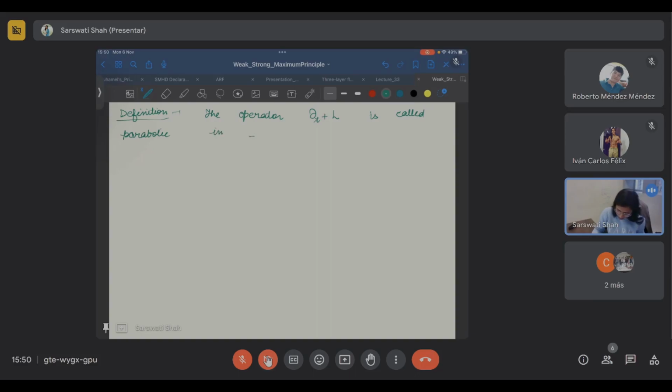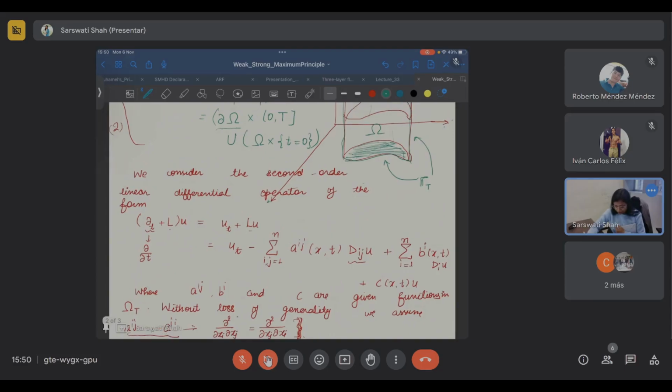parabolic in. Now one thing you need to keep in mind is that if i, j, i equals j, like there is only one spatial variable x, then it was very easy to write the parabolicity, isn't it?